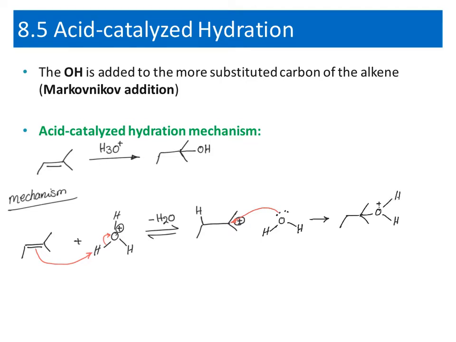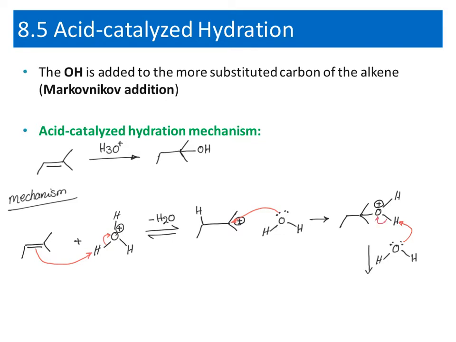So oxygen with 3 bonds is positively charged. Now this is the molecule that we have, and we want to get to this. So in the next step, another molecule of water will act as a base and take the proton.